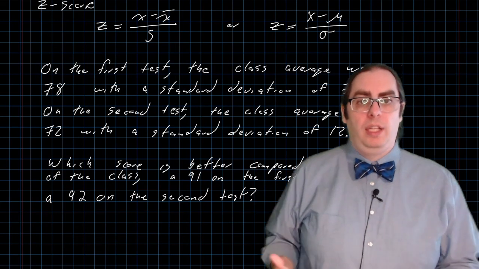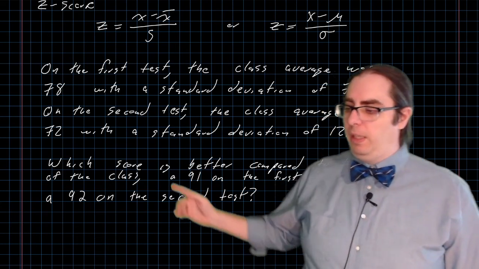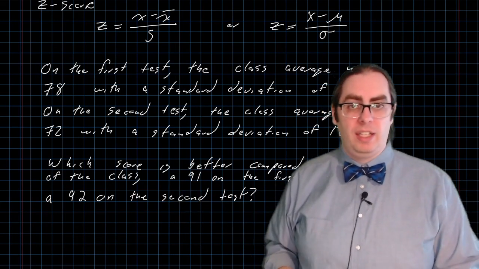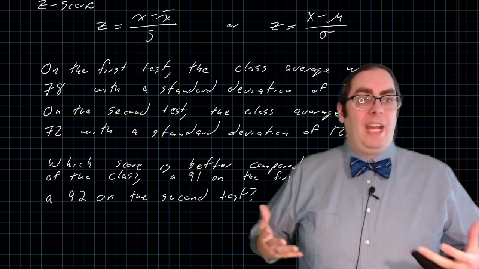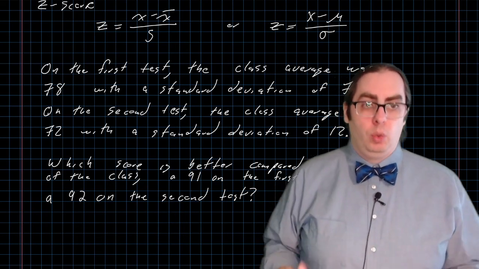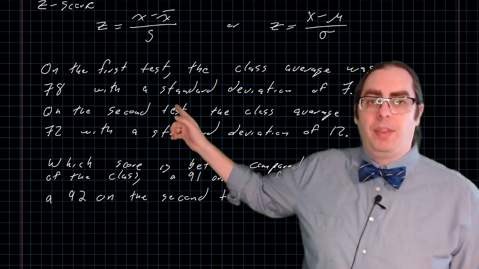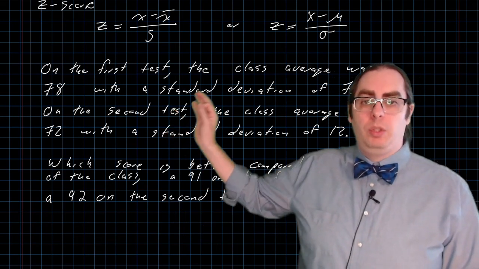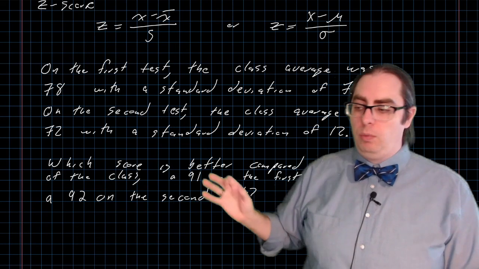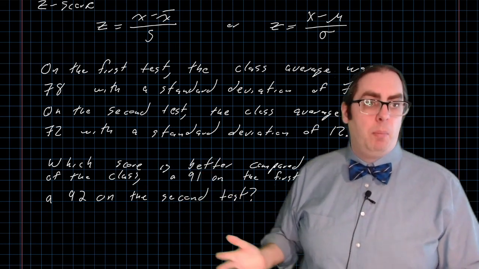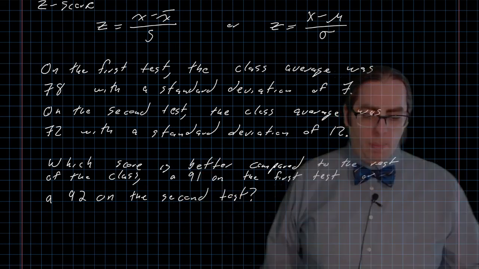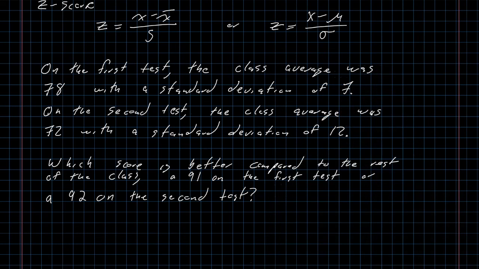Or is it more likely that you scored a higher score than your classmate if you scored a 92 on the second test? We don't have just the score on your test. We have information about the class average as well. So we want to use that to try to make this a more interesting question. And we'll do that by way of z-scores.